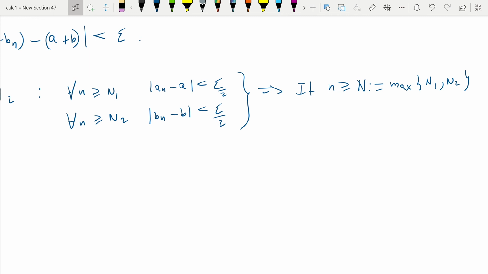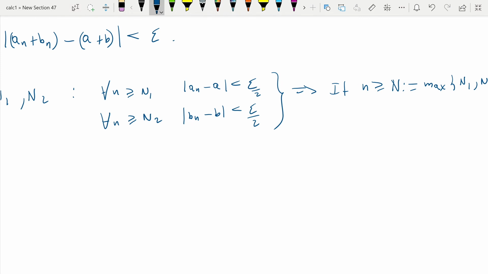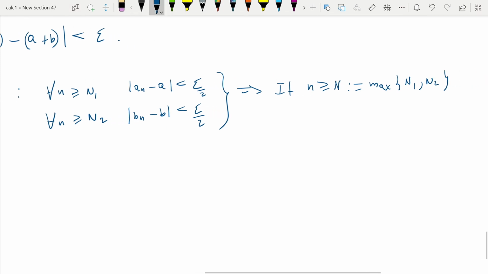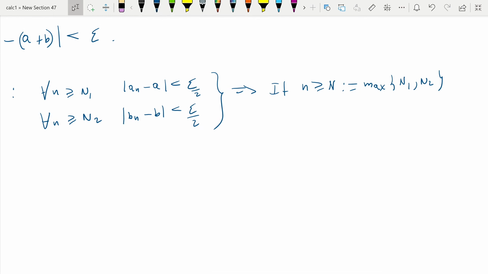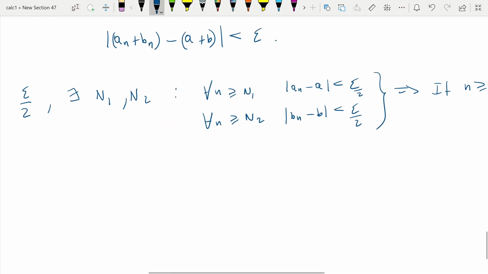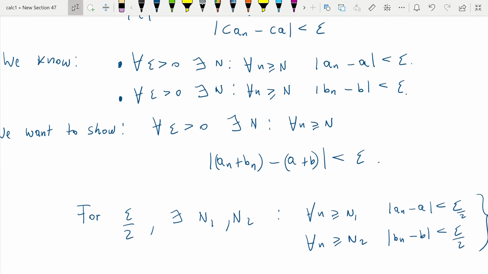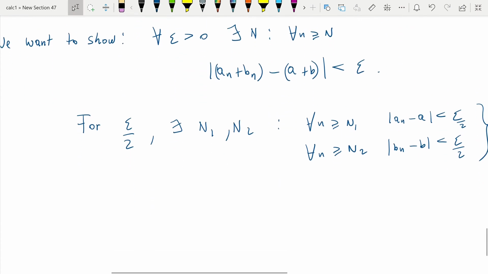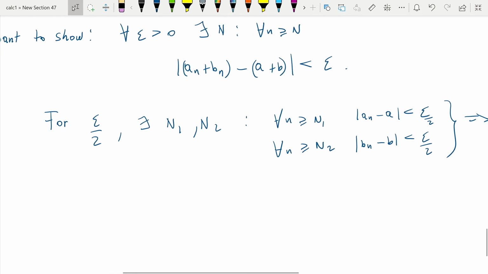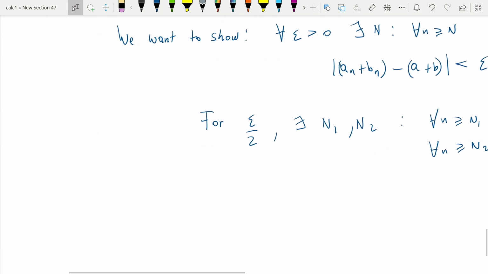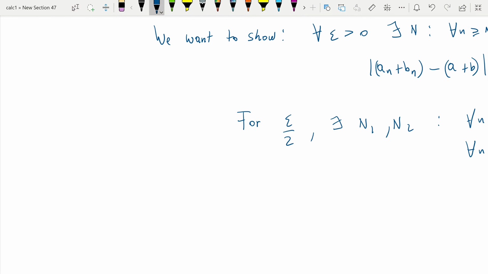Okay, so once we've noticed that, then we can complete the proof. So remember what we were given? We were given an arbitrary epsilon greater than 0. So we start with epsilon greater than 0, just to be more organized.